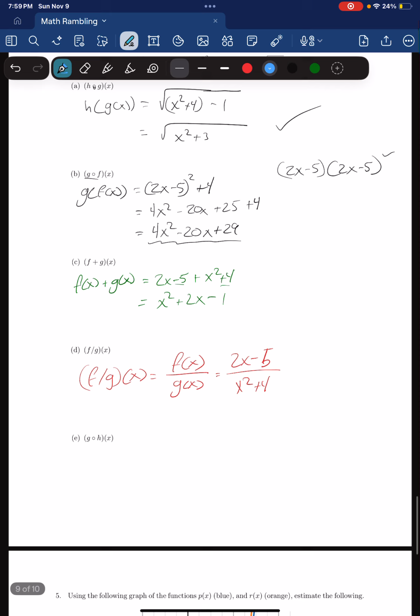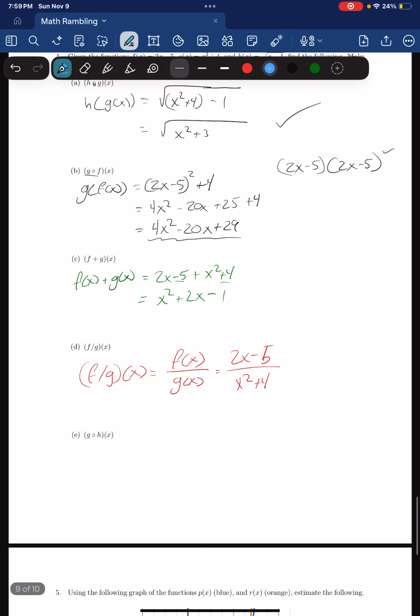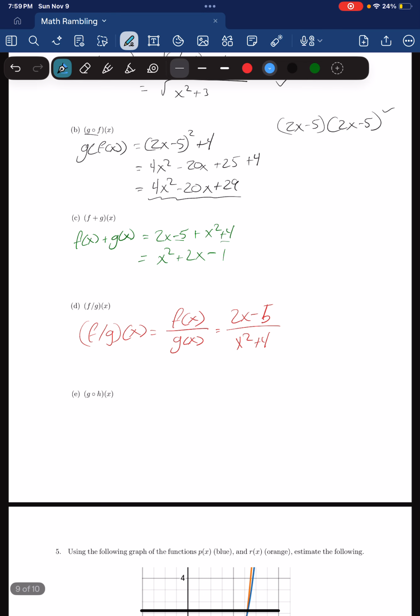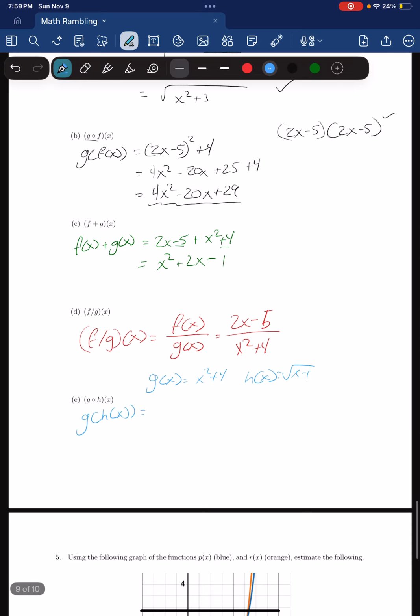Now let's look at g of h of x. All right, so g of h of x equals, well, g of x is x squared plus 4. H of x is square root of x minus 1, I think. Yep.